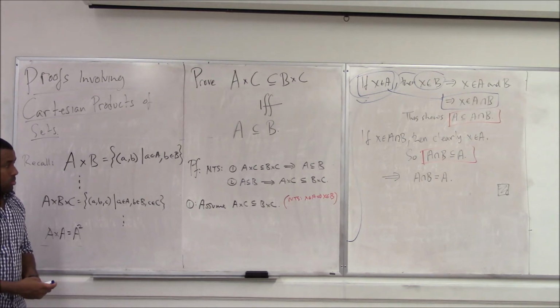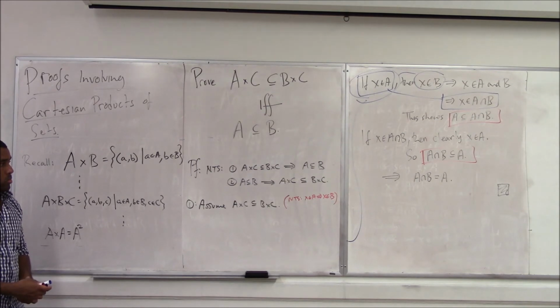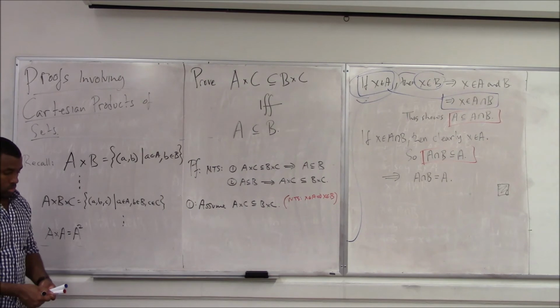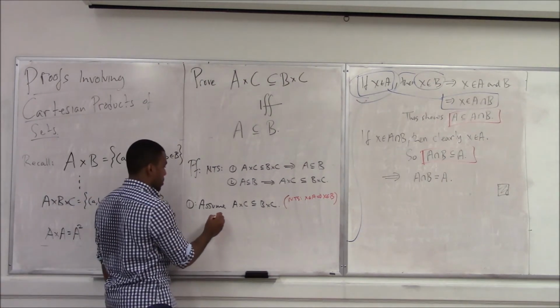Let an arbitrary ordered pair be given in A cross C, so x comma y is in it as an element.